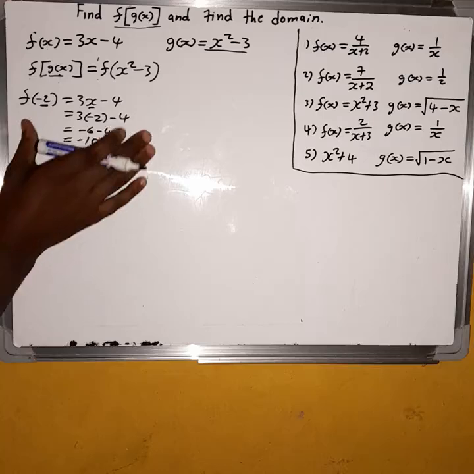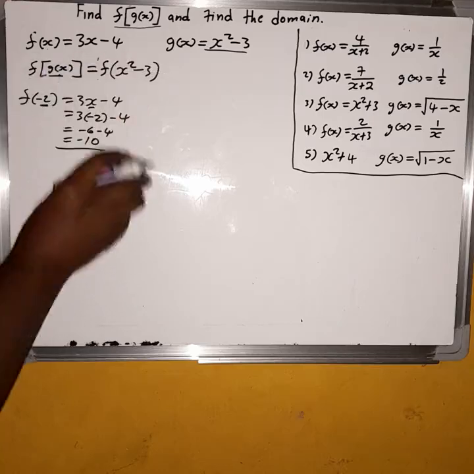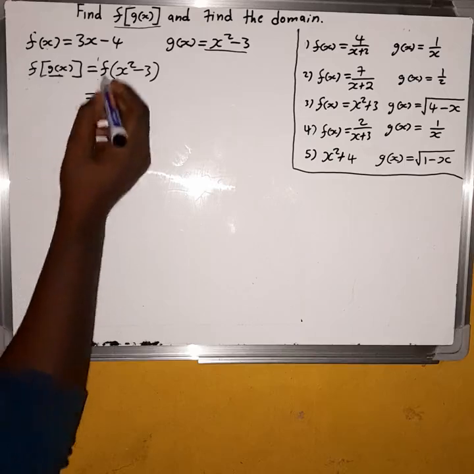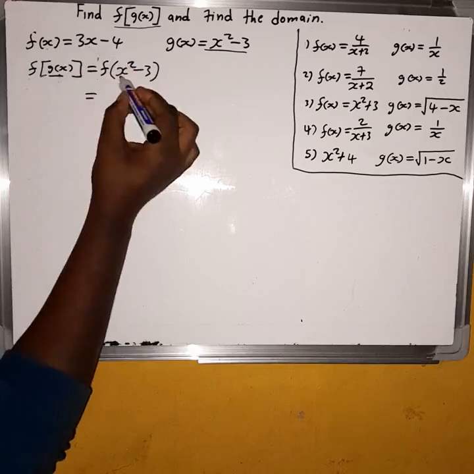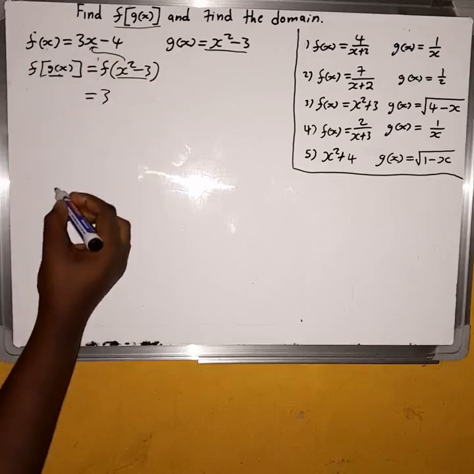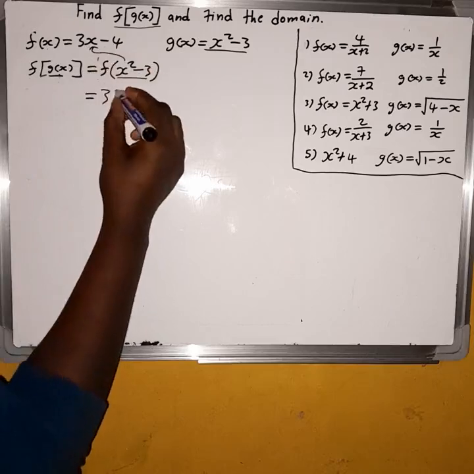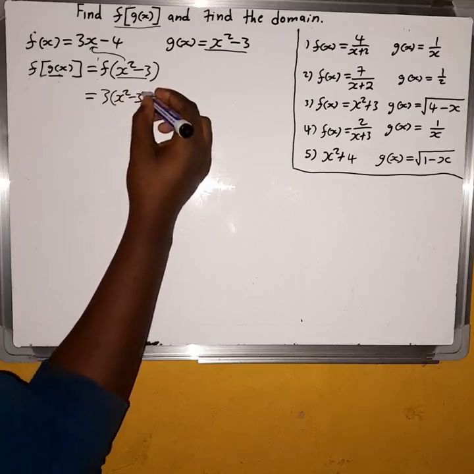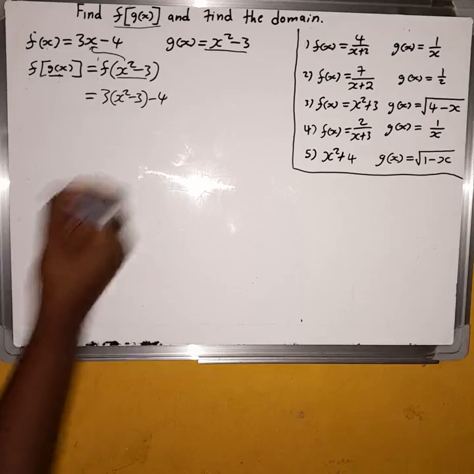So we'll apply the same rule. Where you see x, you replace it with this, which is 3. Then you substitute: when you see x, you put x squared minus 3, then minus 4.